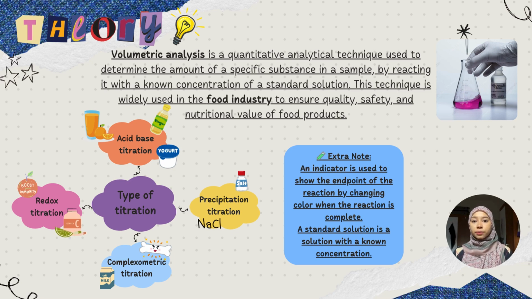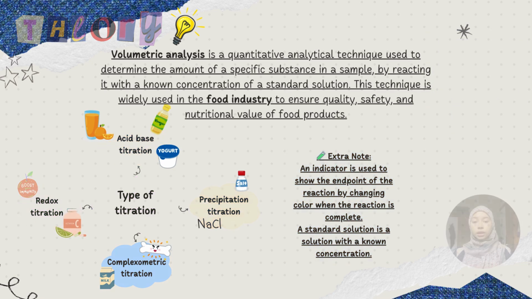And fourth, precipitation titration is used to detect chloride levels in salty and processed food. An indicator is often used to show the endpoint of a titration by changing color when the reaction is complete. These titration methods help manufacturers monitor nutritional values and maintain consistent standards in food products.